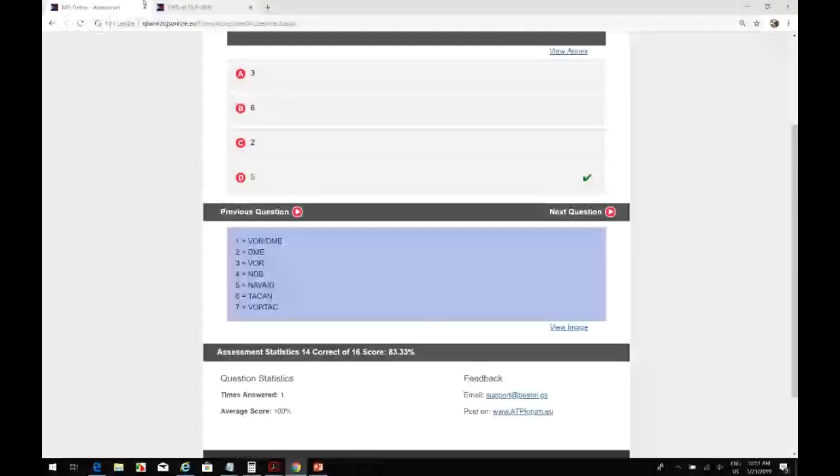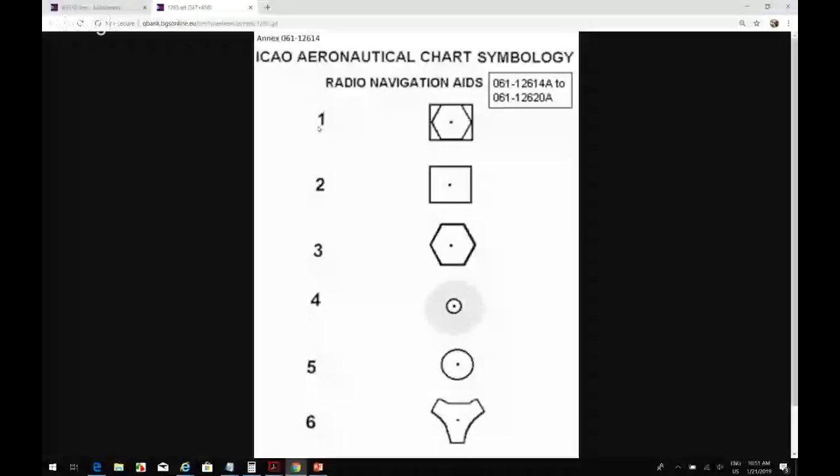So VOR DME is 1. Then we've got DME, VOR, something again. That's DME, isn't it? DME, VOR, NDB. That's it. NDB. Nav aid, TACAN, VORTAC.